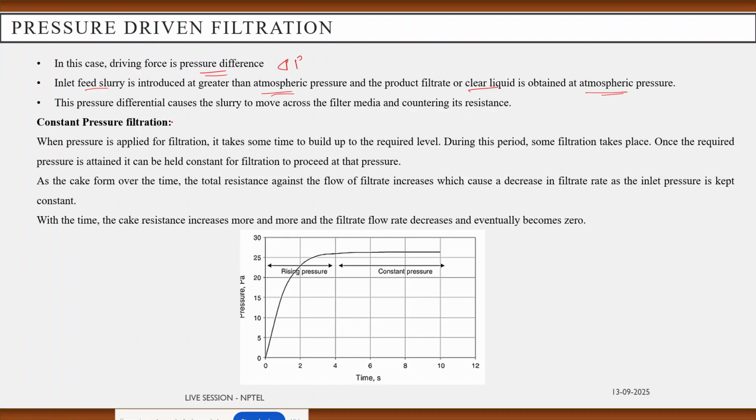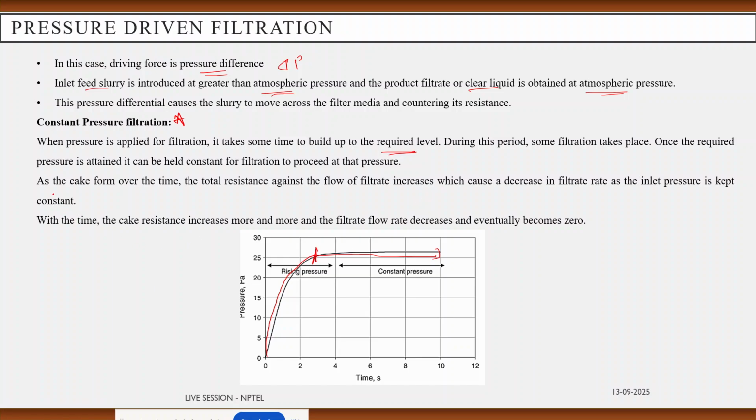So we are now focusing on constant pressure filtration. When pressure is applied for filtration, it takes some time to build up to the required level. During the period when it is rising, some filtration takes place. Once the required pressure is attained and kept constant over the process, it is termed constant pressure filtration.